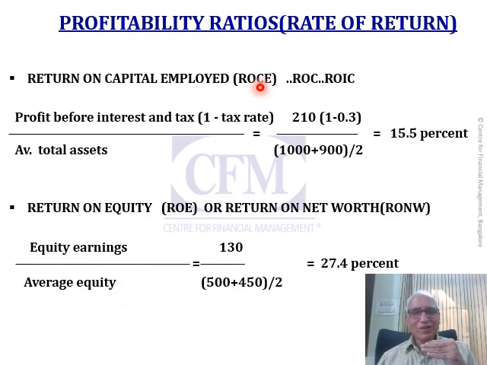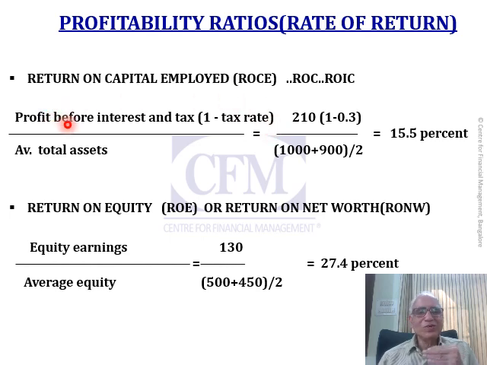Return on capital employed, or ROCE, is perhaps the most important measure of rate of return. It is also referred to as return on capital or return on invested capital. In finance, we don't have standard terminology, so you will have to live with terminological confusion. Return on capital employed is profit before interest and taxes multiplied by 1 minus tax rate.